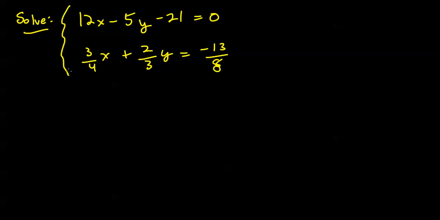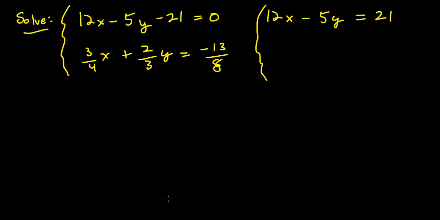With a little housekeeping, we can convert both of these into standard form and perhaps even equivalently get rid of the fractions and solve these in not too difficult fashion. It's going to require a little work. The top equation, I'm going to just add 21 to both sides. That will give me the resulting 12x minus 5y equals 21. Looks better already.